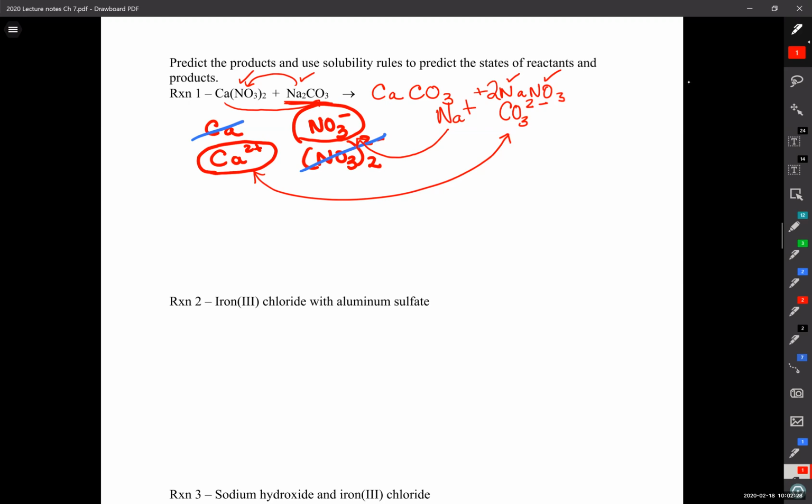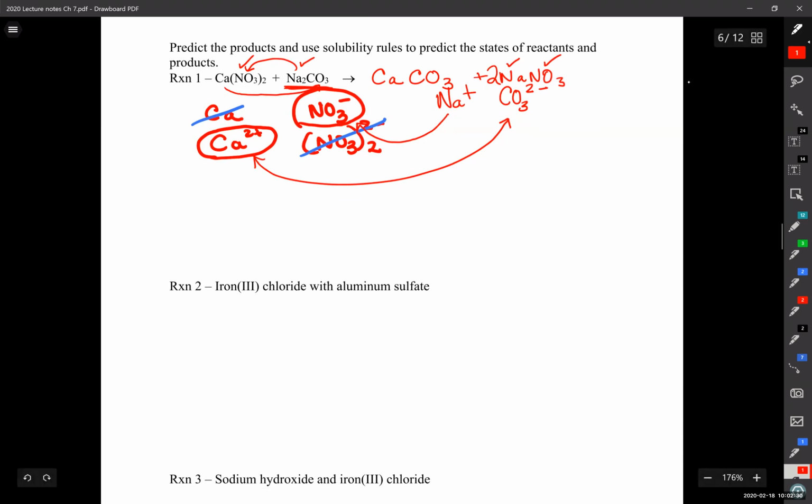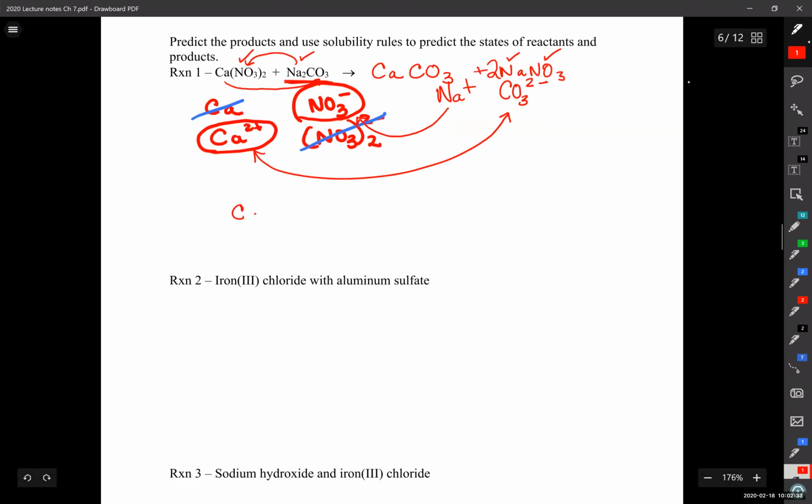So my final formula would be this right now. Ca(NO3)2 plus Na2CO3 makes CaCO3 plus 2NaNO3, like that.